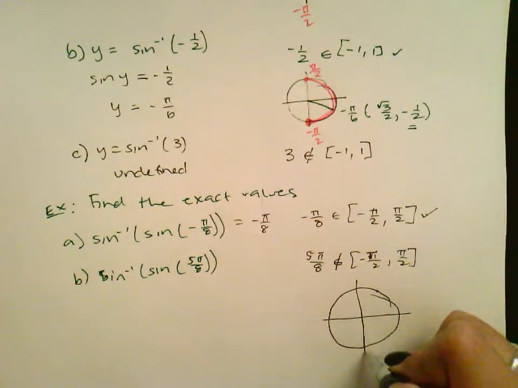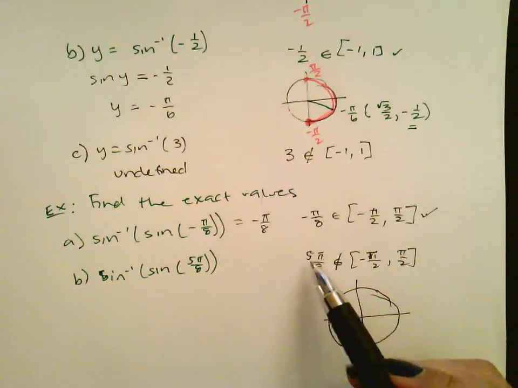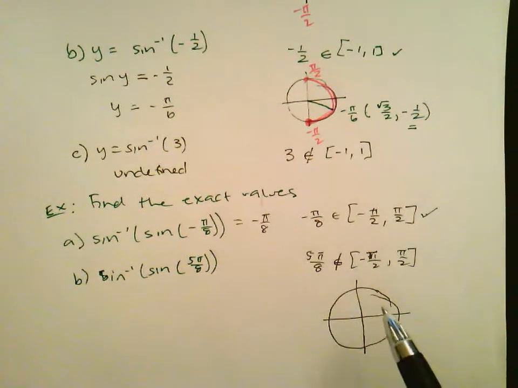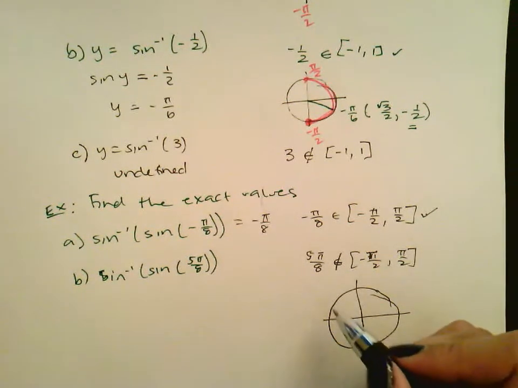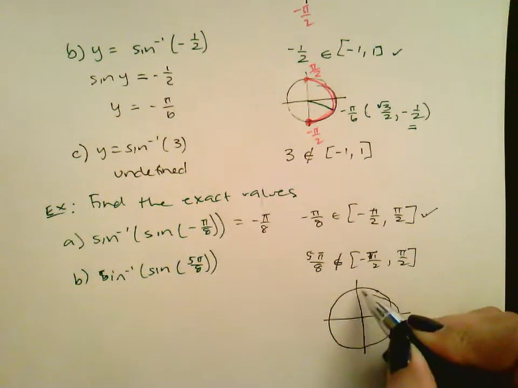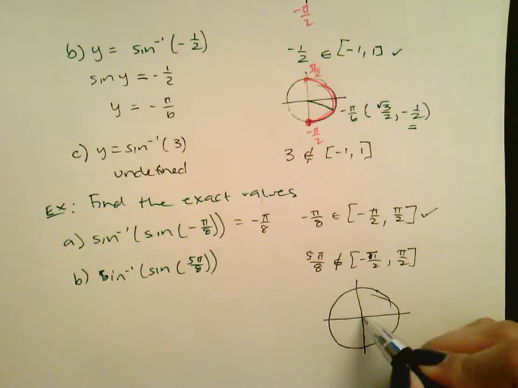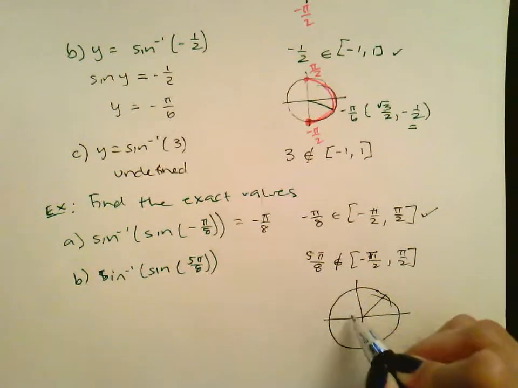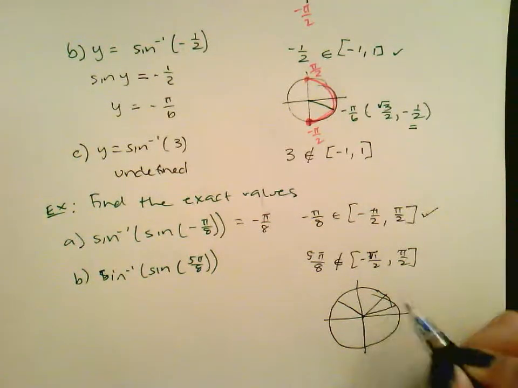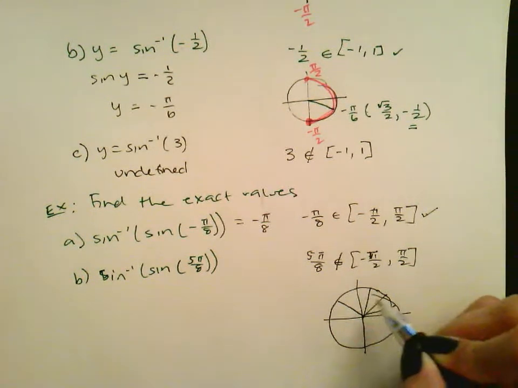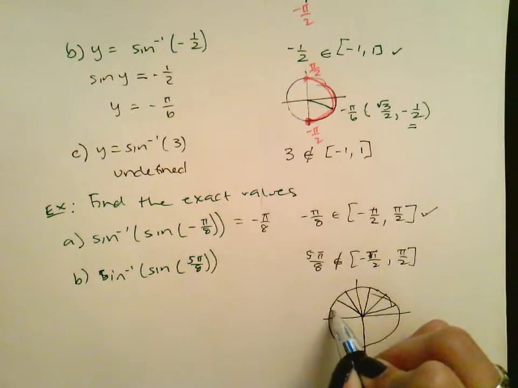What 5π/8 does is it breaks up the top half of the unit circle into 8 pieces. So let's go ahead and break it up into 8 pieces. This is going to give me 2 pieces. Then this gives me 4 pieces if I break each of them in half. And if I break each of these in half, it's going to give me 4 pieces here, and it's going to give me 4 pieces here.